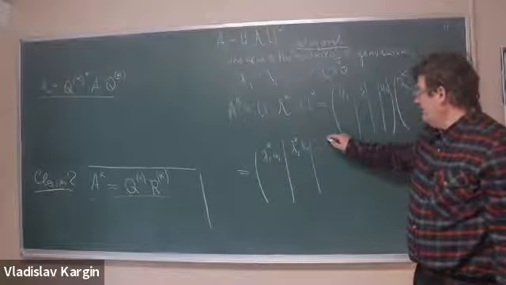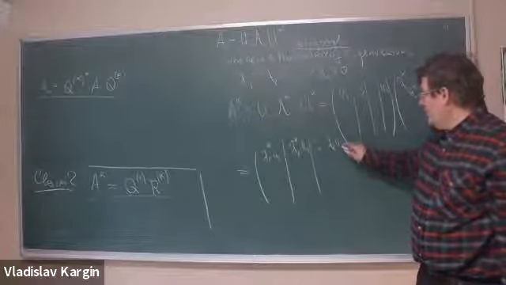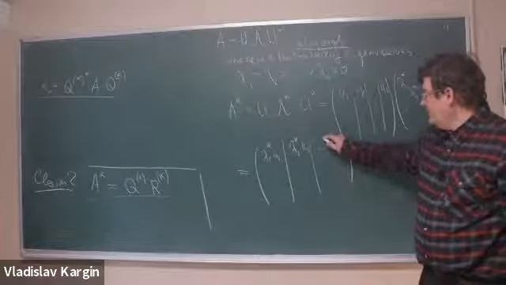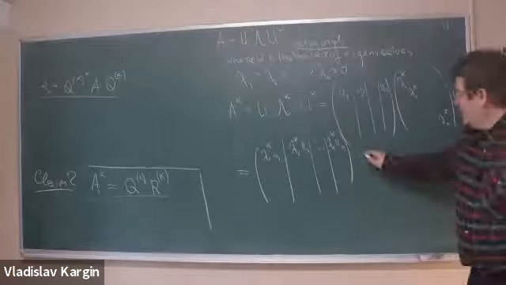The last one is lambda n to the power of k un. After that, multiply by this matrix U star.